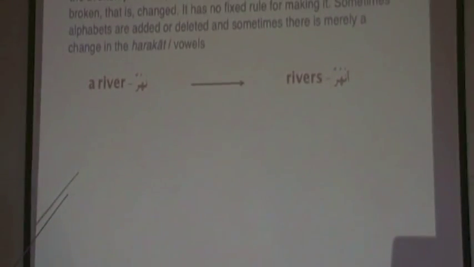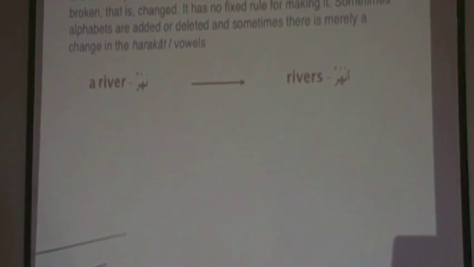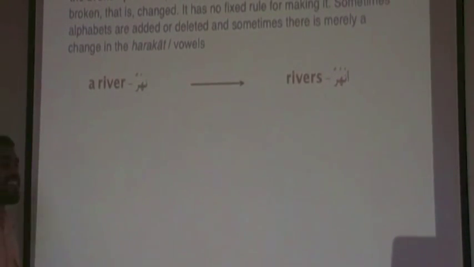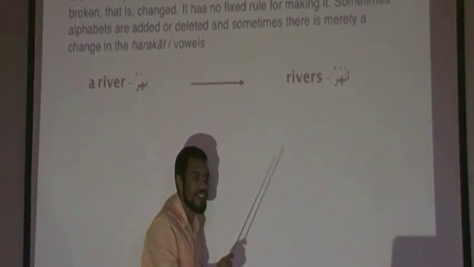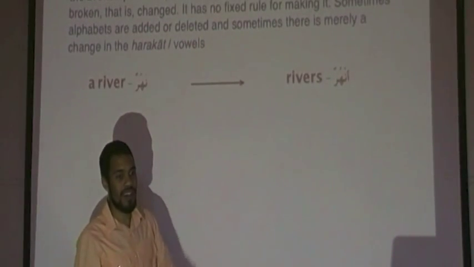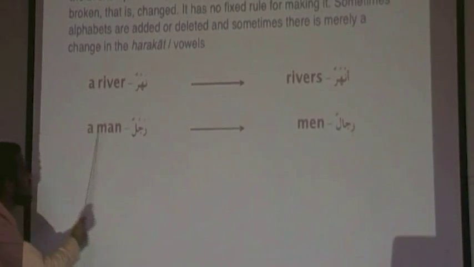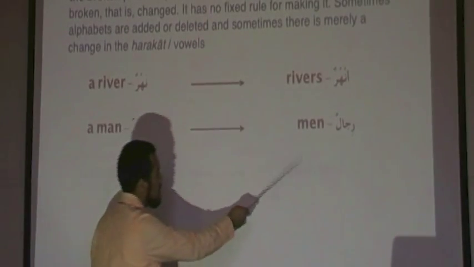Nahrun is a river. Naharun is a day. And the plural of day is anhar. And the plural of nahrun is anhur. What's the plural of nahrun? Anhur. Then we have rajulun, the plural is rijalun.